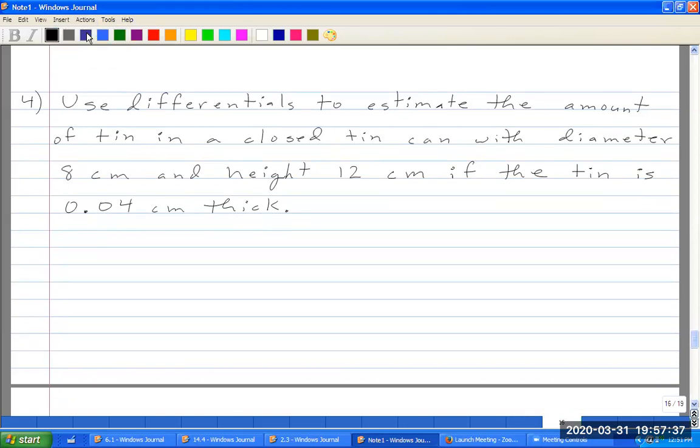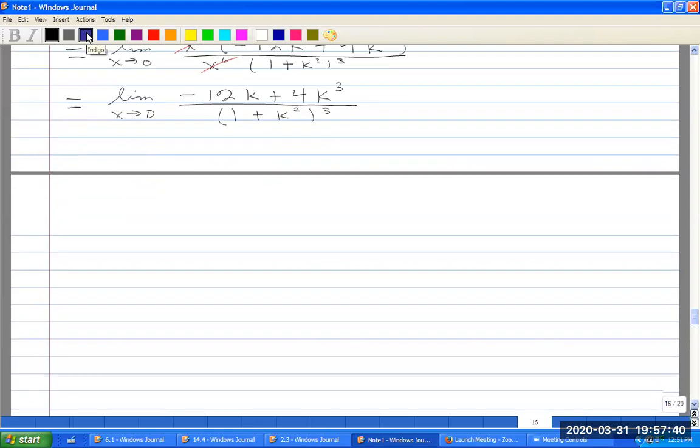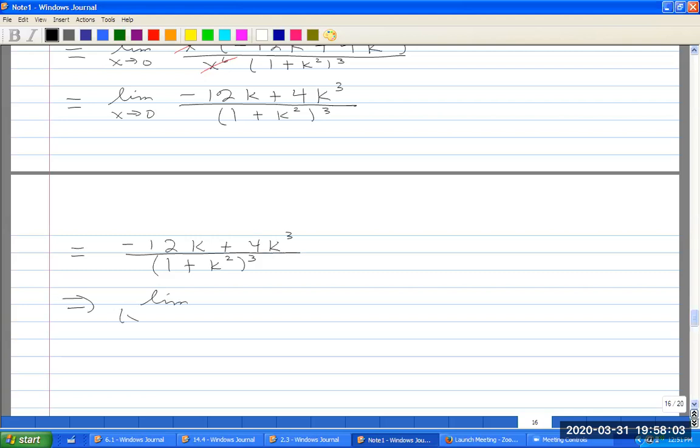So this is equal to, well, it's a constant, so it's just equal to the constant, negative 12k plus 4k cubed over 1 plus k squared cubed. So this implies that the limit as x, y goes to 0 of the second partial with respect to y does not exist.